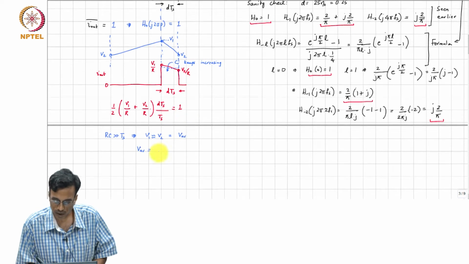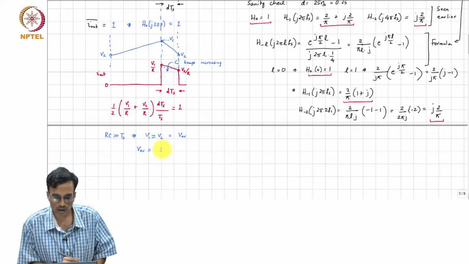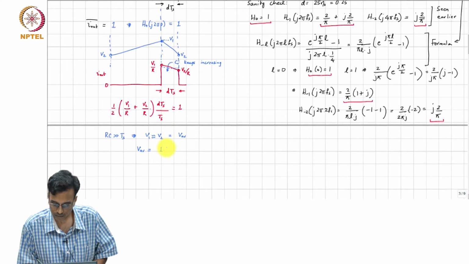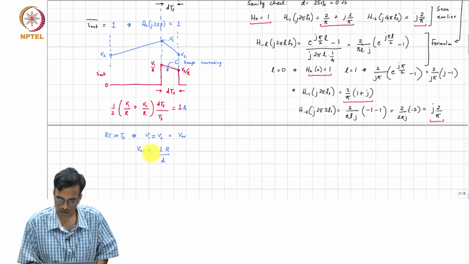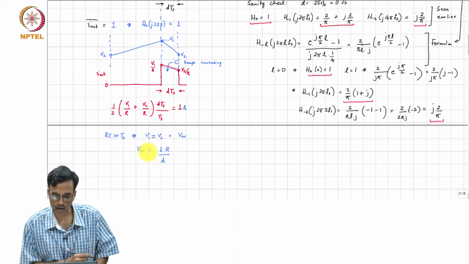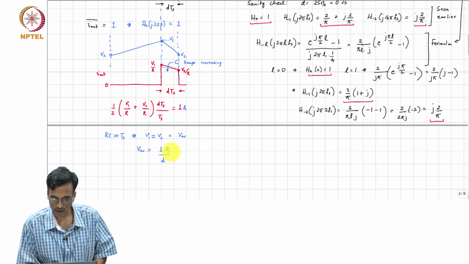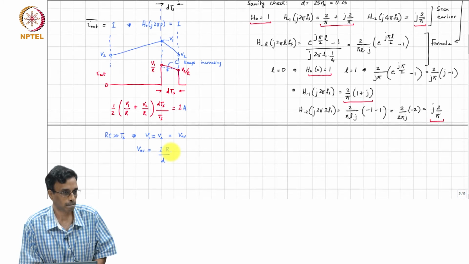V average is nothing but 1 ampere times R by D, right. So, this is 1 ampere times R by D. So, this is still dimensionally consistent.